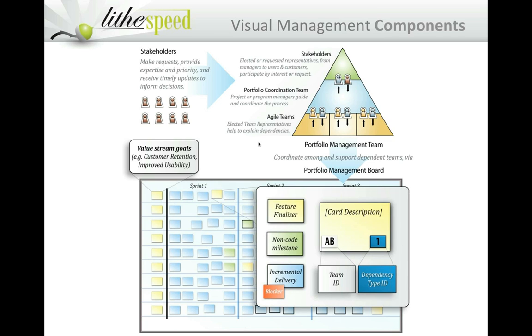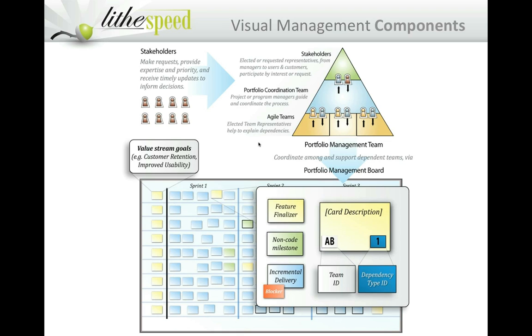It's a combination of the stakeholders who are making requests of the program and are looking at what's happening during it. There's what we might call a portfolio coordination team. This is really some of the senior people in the Agile environment, like a chief product owner or a strategic product owner, as they're sometimes called, a chief scrum master, or perhaps just a project manager.